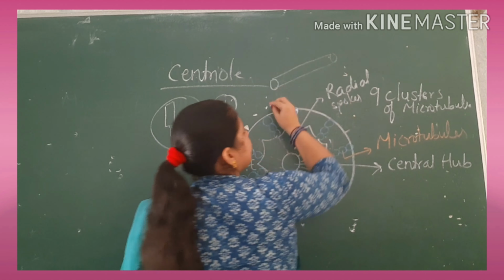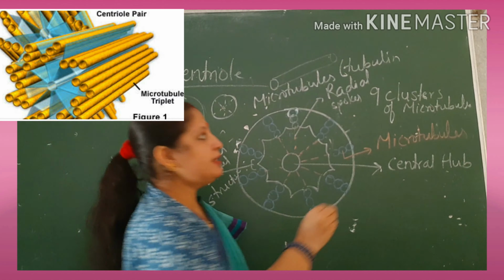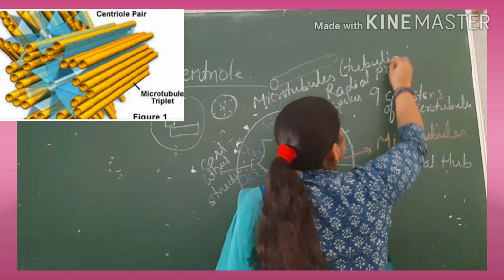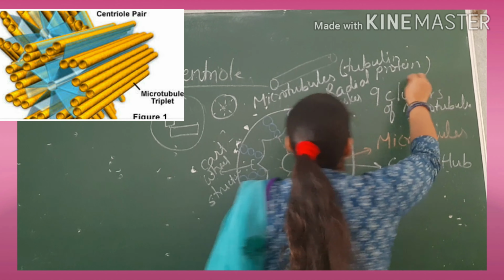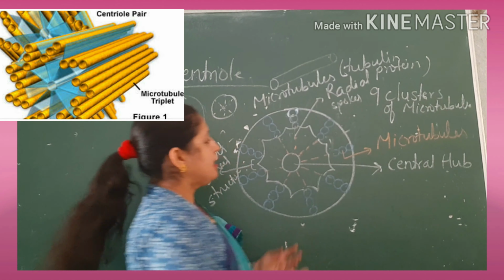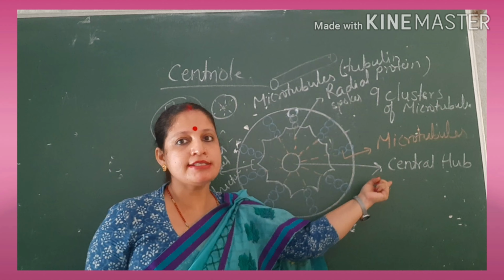And these microtubules are mainly made up of tubulin protein. And here the central part is a hollow space, and this hollow space is called central hub.